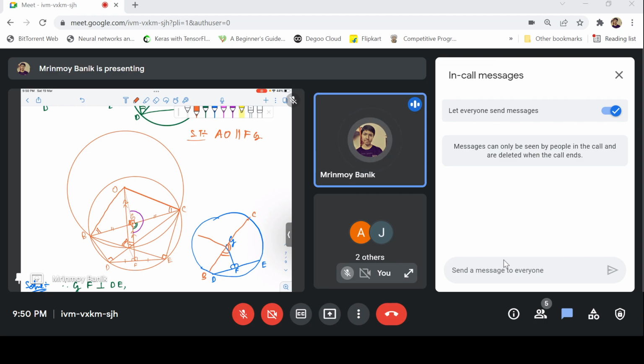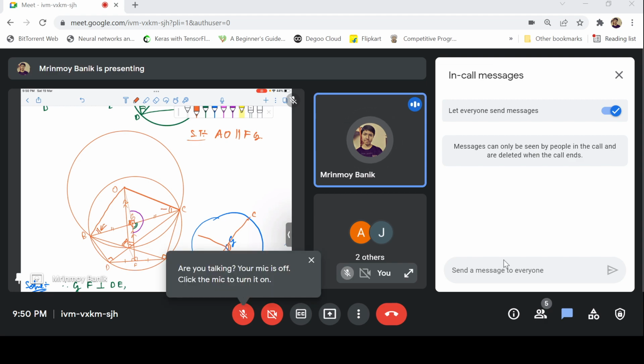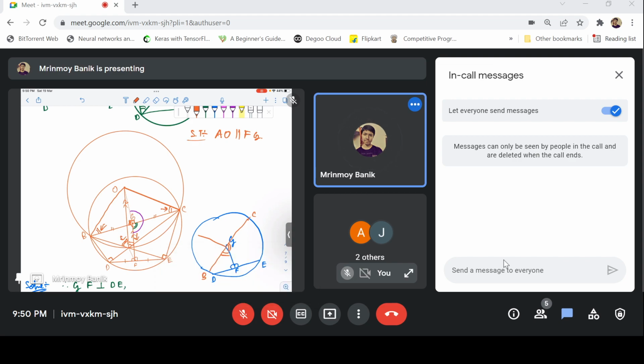These two angles are equal. And then these two angles are in turn equal, so these two are also equal. So what does that show? So OA is also the angle bisector of BAC.